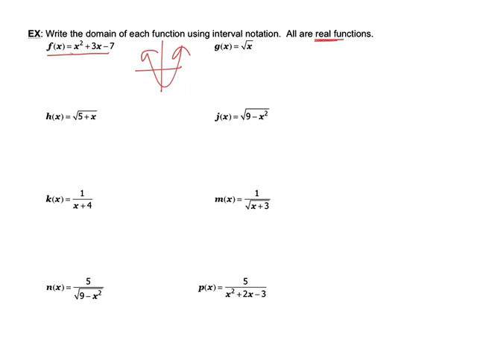I can multiply any real number by 3, and I can subtract 7 from any real number. So this function does not present any reason we should need to limit the input. So in this case, we can use all real numbers for input here, which would mean my lower bound would be negative infinity, and my upper bound would be positive infinity.